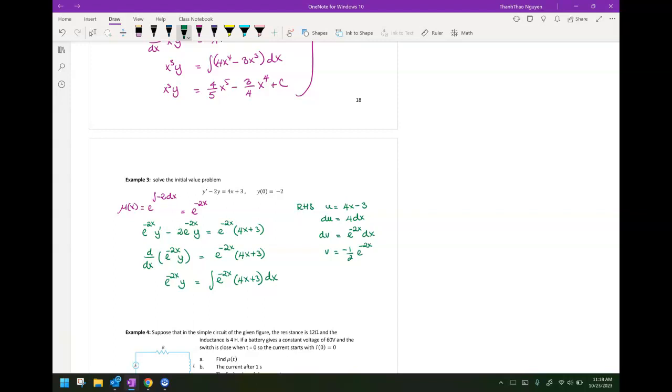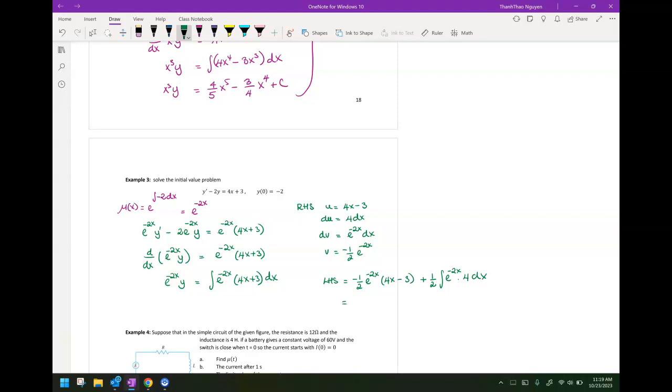So then the right hand side becomes negative 1/2 e to the negative 2x, u times v, so times 4x minus 3, minus the integral of v times du, so that is now plus 1/2 e to the negative 2x times 4 dx.